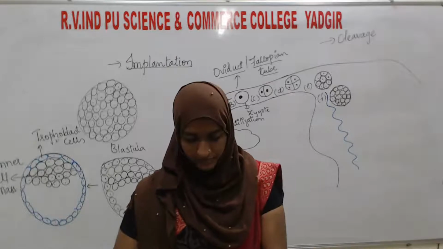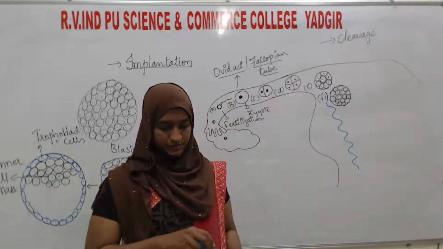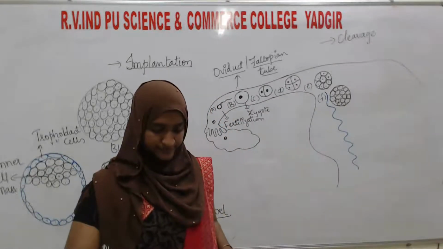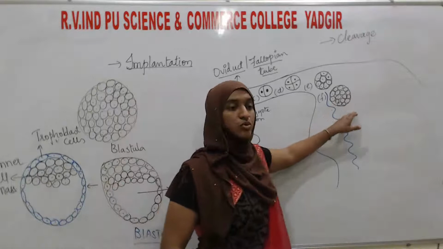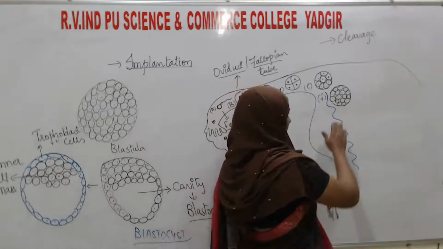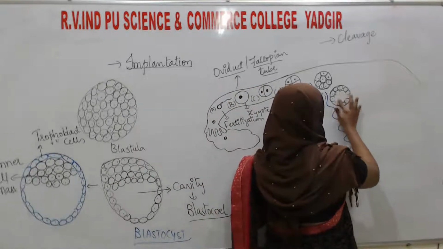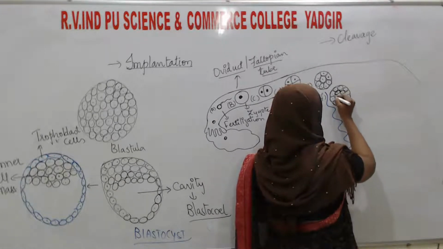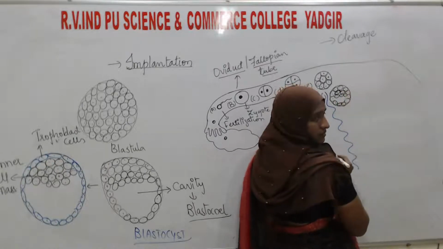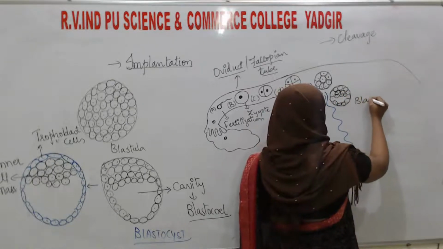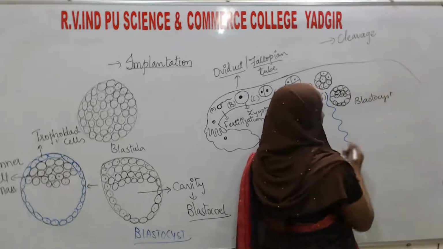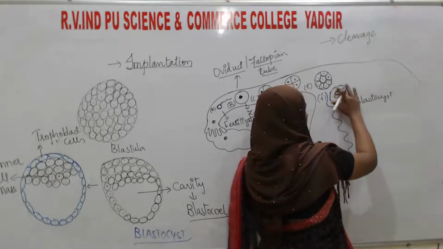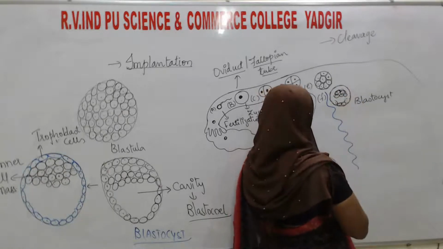Okay, so as it is moving, here the blastocyst is formed. This is the blastocyst. Blastula, then blastocyst. The next, you can say this cell has been, otherwise I will draw here.